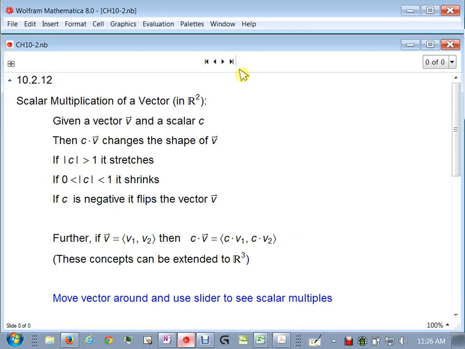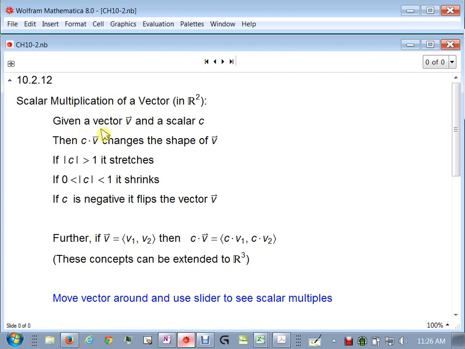So right now, up to this point, we know how to add and subtract two vectors, right? So now let's talk about multiplying, not multiplying two vectors, but what we call scalar multiplication. So what if I take a vector and I multiply it times a number? What does that mean, and what does it do, and what does it look like visually?